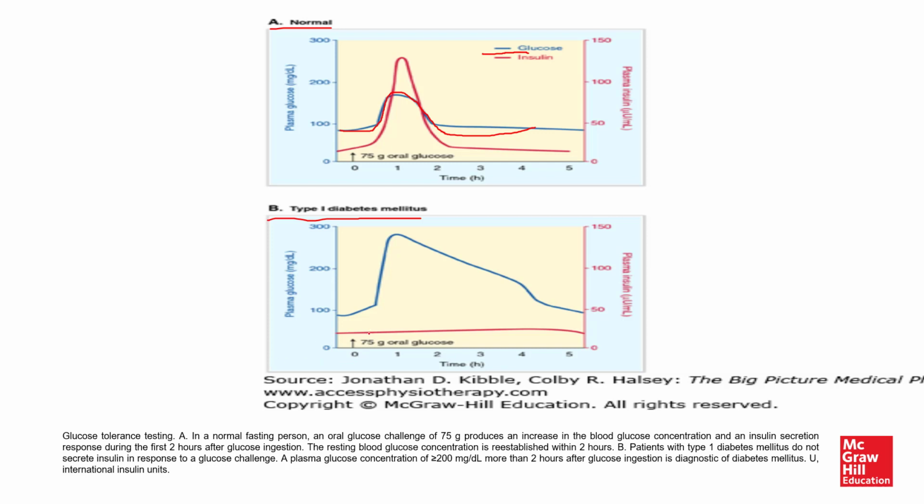In a type 2 diabetic, you'd see a similar elevation in blood glucose. They would still have problems taking up glucose, but you would actually see insulin spike and stay elevated, because with a type 2 diabetic, insulin production isn't so much the issue. It's that the insulin they release just doesn't work. So blood glucose still stays elevated. We can't take that blood glucose into our cells.